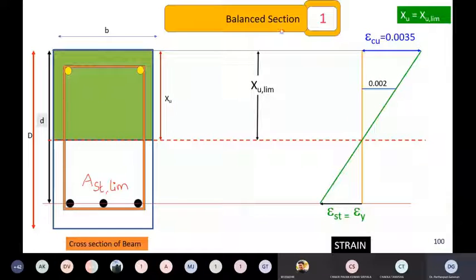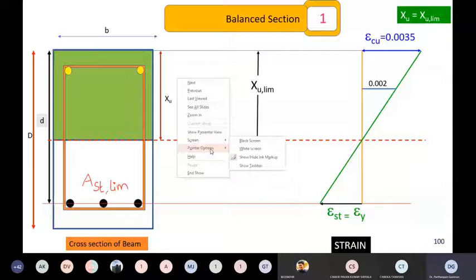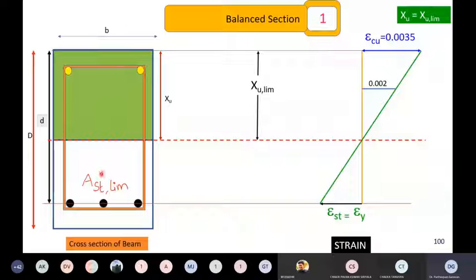Such a section is called balance section, and the corresponding area of steel provided is called AST limit. The corresponding neutral axis depth is called XU limit, or critical depth of neutral axis, or limiting depth of neutral axis. Right? This is called balance section. Any doubt to anybody?